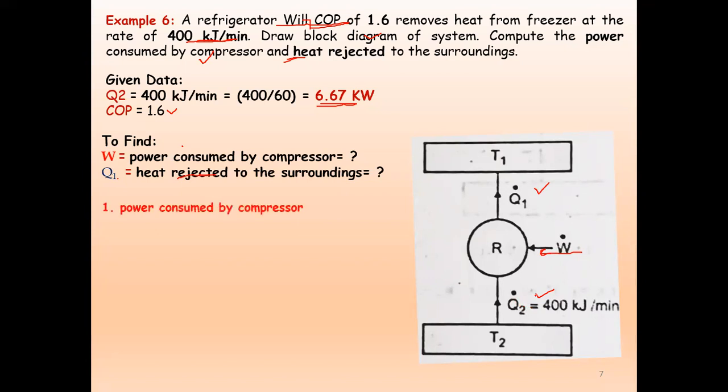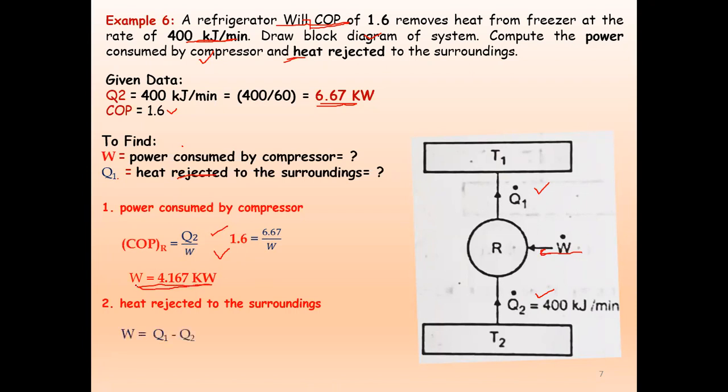We know that the COP of the refrigerator is equal to Q2 upon W. So 1.6 is equal to 6.67 divided by W. So we get the work input, or power consumed by the compressor, as 4.167 kilowatt.